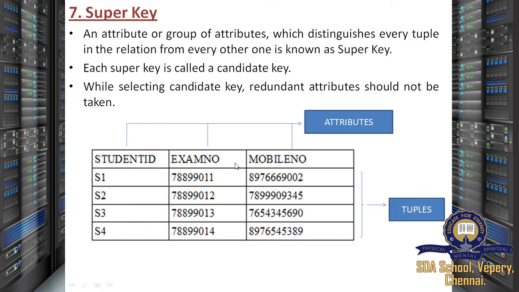So by using student ID and exam number, I can find out the mobile number. So student ID and exam number will be called a super key. So two attributes are used to find the other attribute, that we can call what? Super key. Or by keeping student ID, I can find out the exam number and mobile number of a student. So that is also what? A super key. Right?